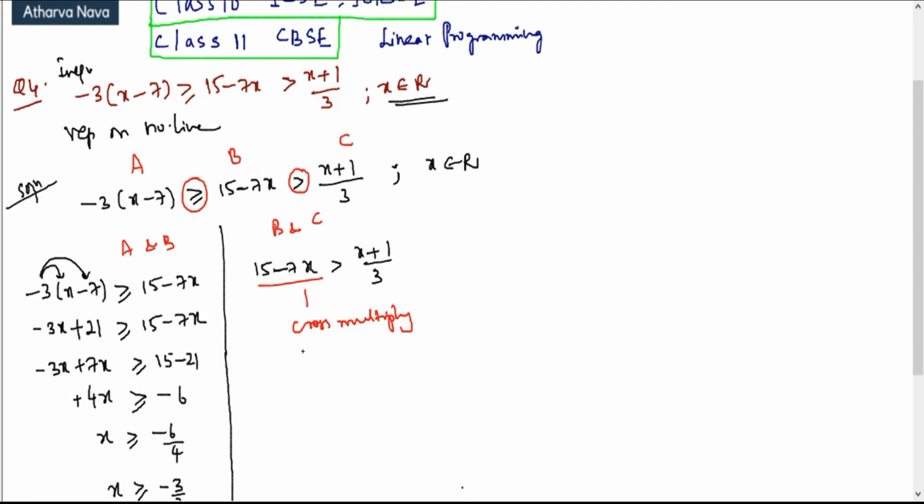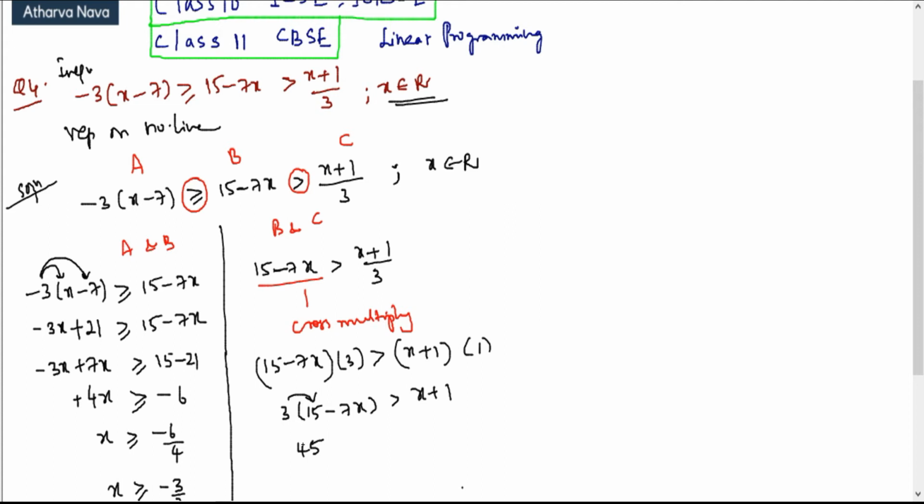You will write (15 minus 7x) into 3 is greater than x plus 1 into 1. So 3 times (15 minus 7x) is greater than x plus 1. 15 3s are 45.